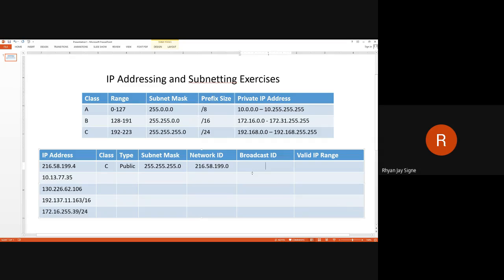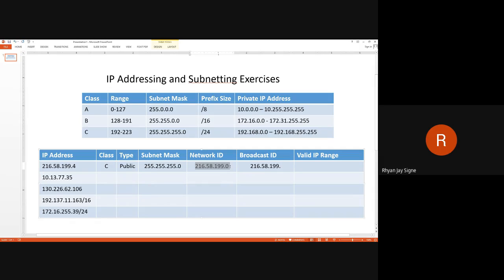Next, the broadcast ID. All you need to do is copy the network ID, 216.58.199. By definition, the network ID is where all host bits are set to 0.